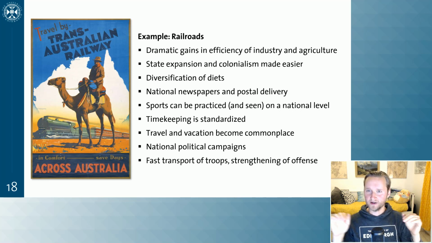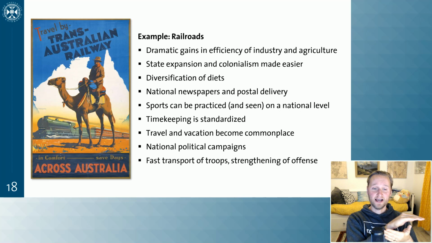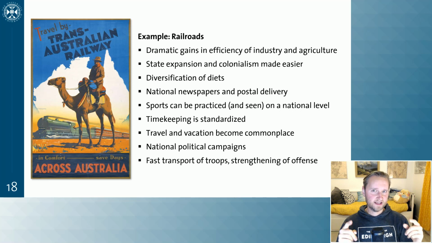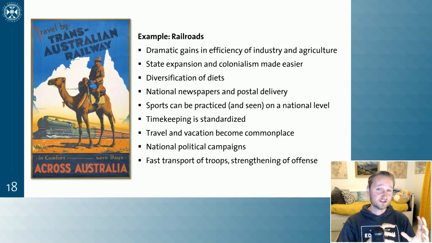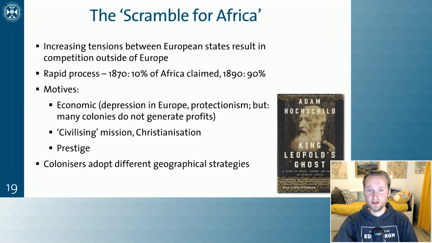So you would have spies walk around, say, Russia, and they would take the trains all around, and they would make a note of how long the railway station was, because what that told you is if you had a regular station that was very, very long, then that was a station where Russia planned to later put troops onto trains to be shipped to the front. Of course, Russia could do the same to you if you were Germany or France. So that actually led to this really interesting situation where not only were troop movements faster, but also much more predictable, but also more predictable by others. And that led to a big change in how wars were planned.